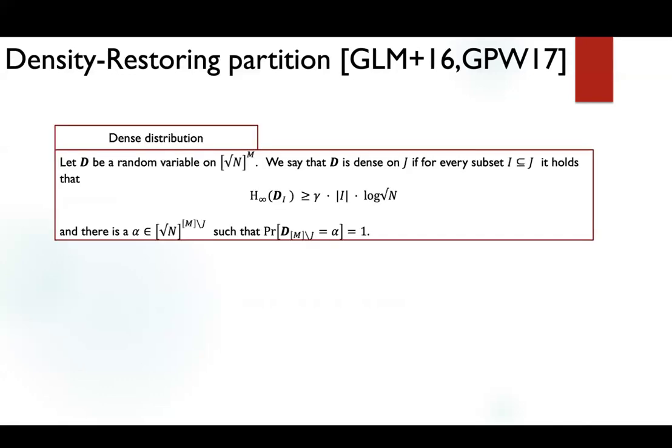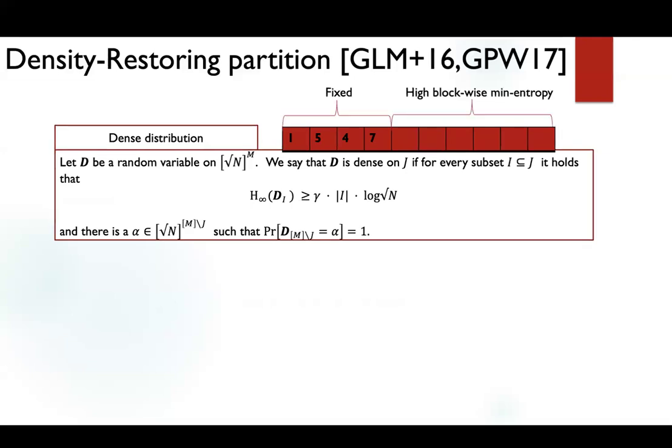We call a distribution a density distribution on J if for any subset of J, the min-entropy of the marginal distribution on I is large, and for the other coordinates that are not in J, they are fixed. Here is a picture to describe the distribution. Some coordinates are fixed, and the other coordinates have high block-wise min-entropy.